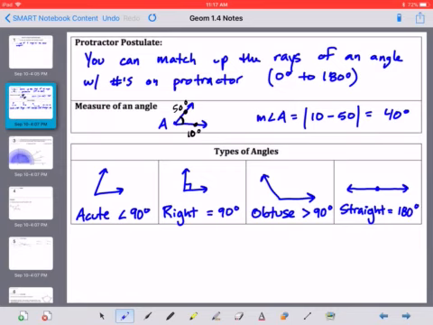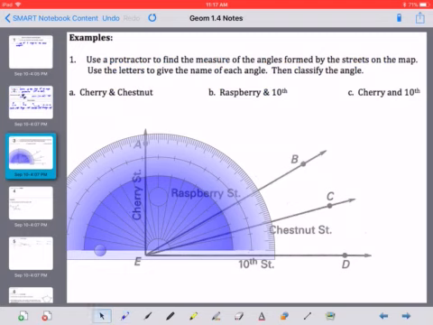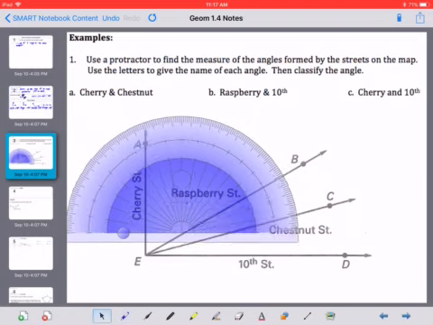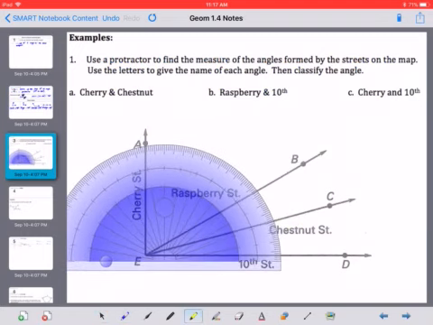Now let's use a protractor to actually measure some different types of angles. A protractor is this half circle figure, and we're going to use it to measure the angles formed by the streets on this map. We'll use the letters to name each angle, and then classify it as one of those four types.